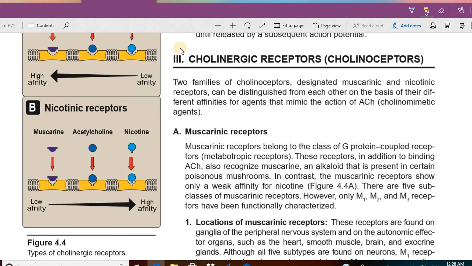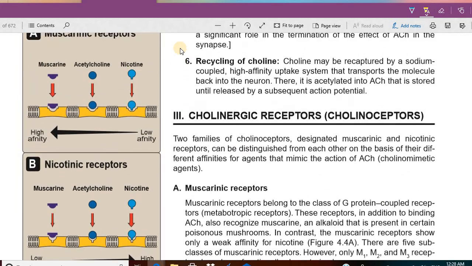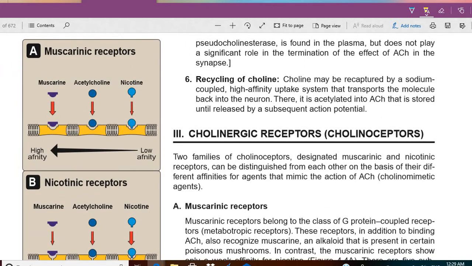So in this diagram you can see here, this is the muscarinic receptor and this is the nicotinic receptor. Muscarinic receptors, in which the muscarine acts on the postganglionic fiber, or the receptor. Acetylcholine acts on the receptor, nicotine acts on the receptor.